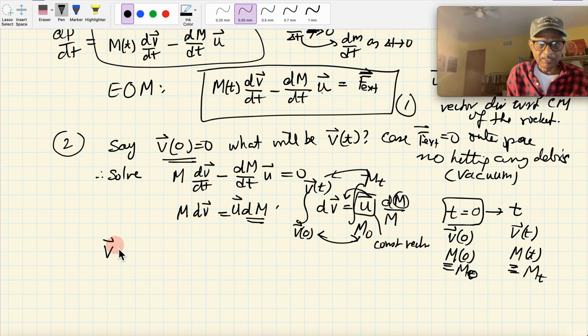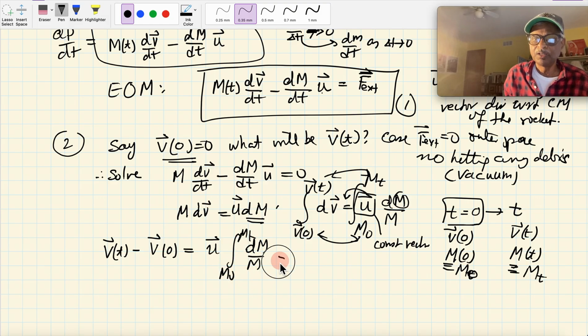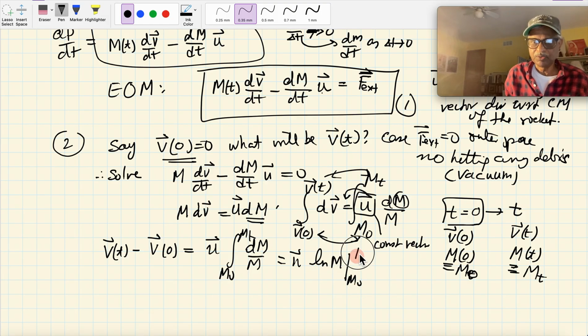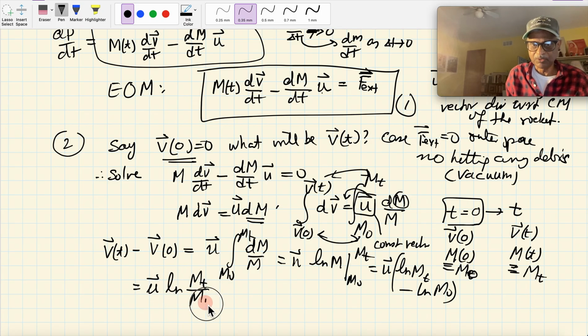So I'm going to get v at t minus v at 0 equals u integral of dm over m, from m0 to m(t). So now this integral is a log. So u times log m(t) minus log m0, which is the division of the logs, u log m(t) over m0.